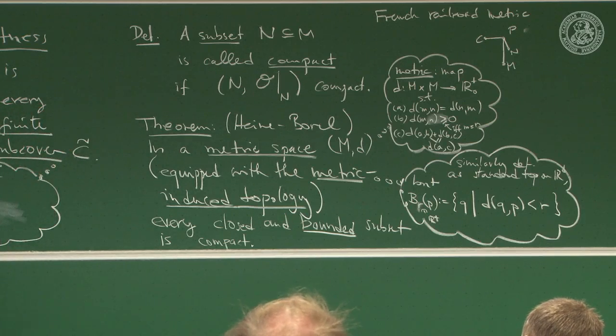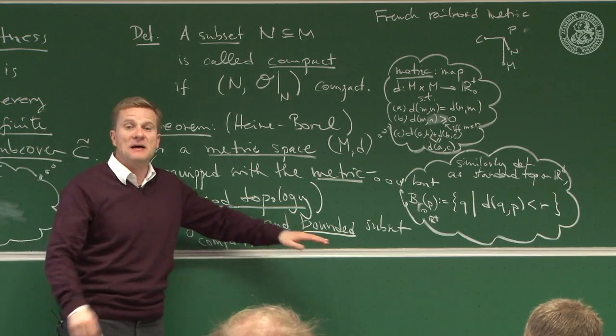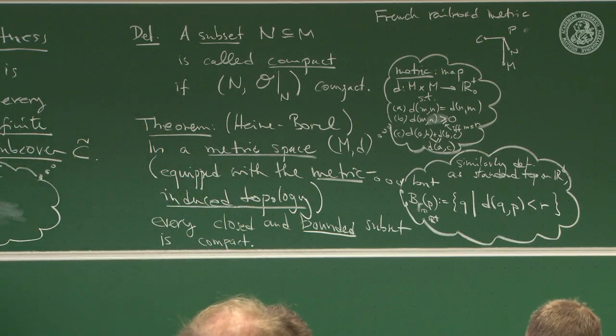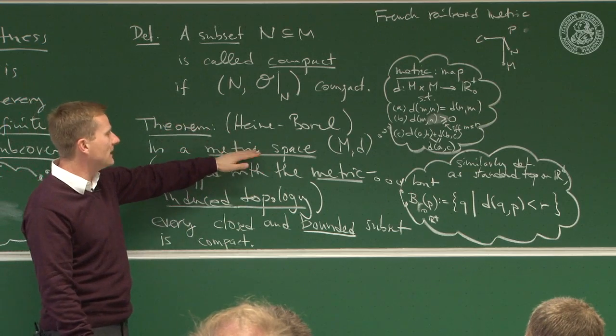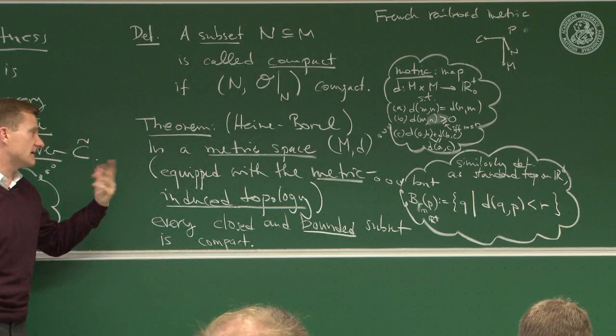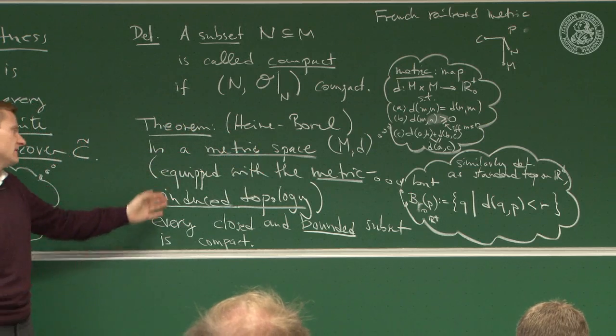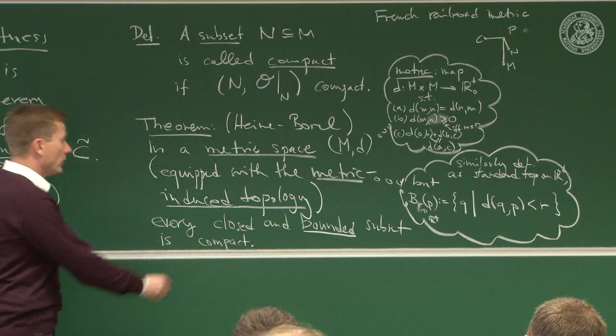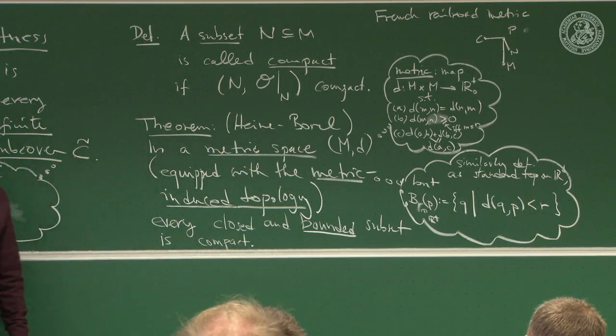If that's a finite number, then the set is bounded. Very intuitive. So after all these definitions, the important thing is Heine-Borel says in a metric space, or a space that can be equipped with a metric, and then you find the induced topology, every closed and bounded subset is compact, with respect to that induced topology, of course.